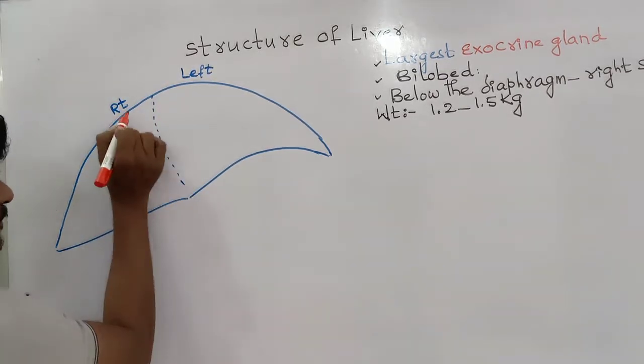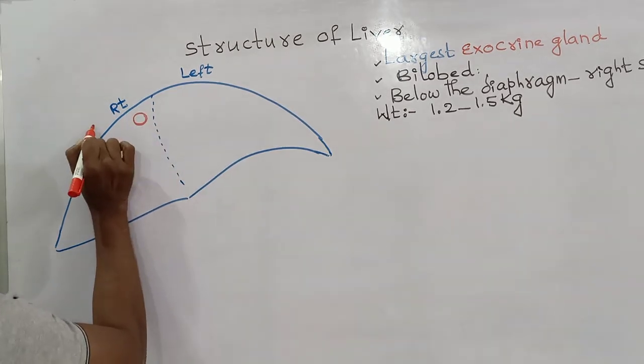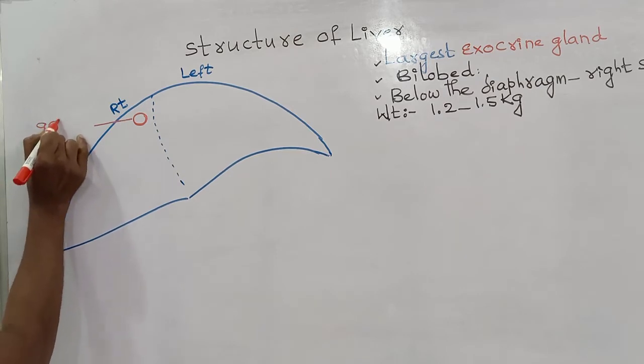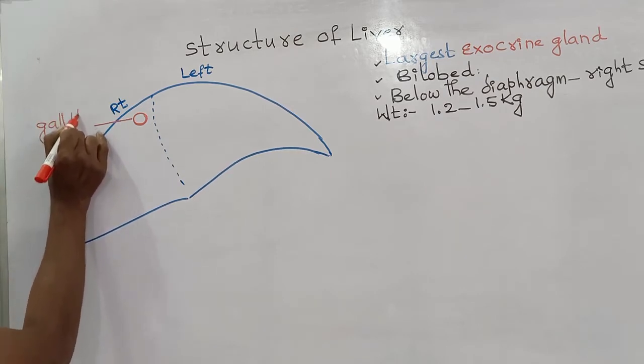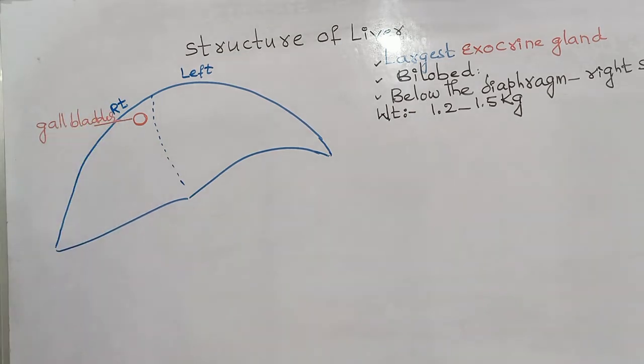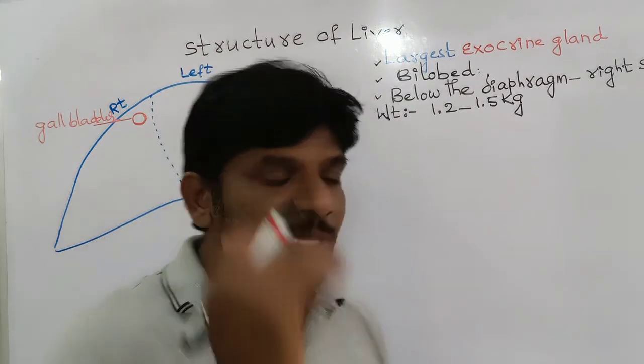In the right lobe we have the gallbladder. This is the gallbladder. And now I am discussing the structural hierarchy of the liver.